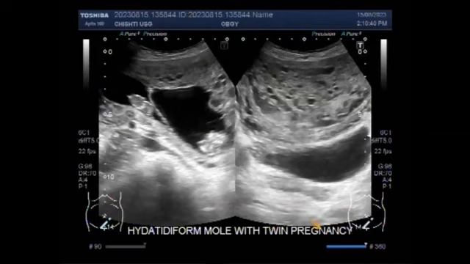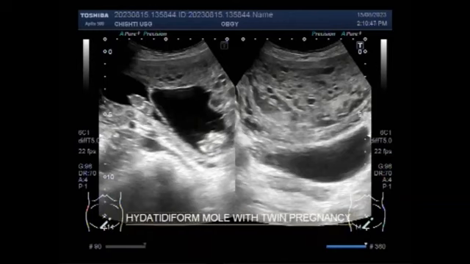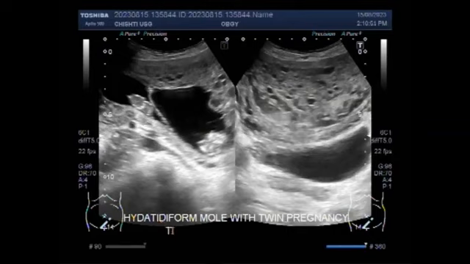A hydatidiform mole can either be complete or partial, as I have described already. Rarely, coexistence molar pregnancy is seen in which a normal fetus and placenta are seen separate from the molar gestational site.